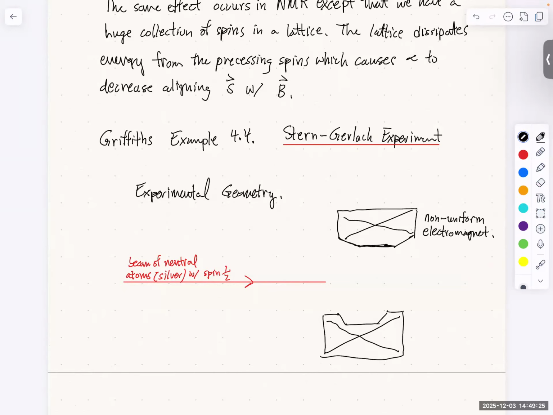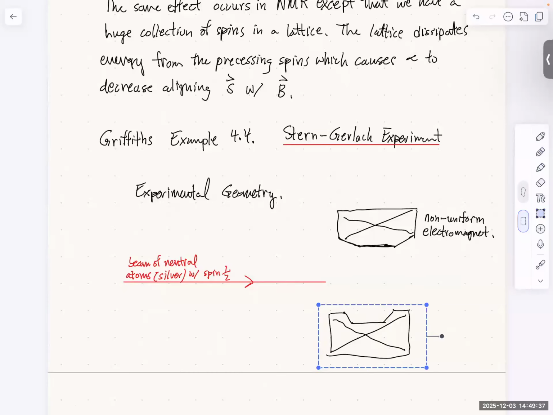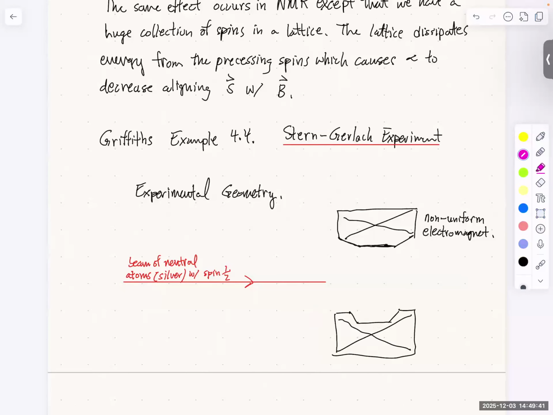Okay, it's an electromagnet, so it's some kind of windings of coil, and then we pass current through that coil, and it creates the magnetic field. And if we turn the current off, we can turn the field off. And so that will be important too. And just to give some sense, let me suppose that the field looks something like this.